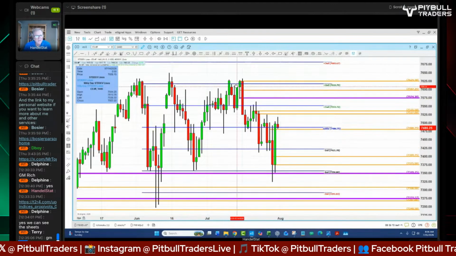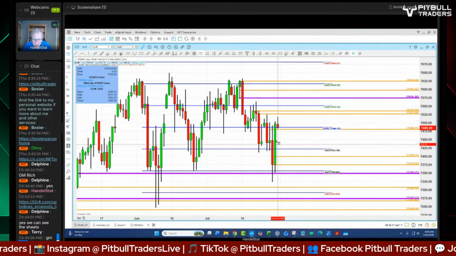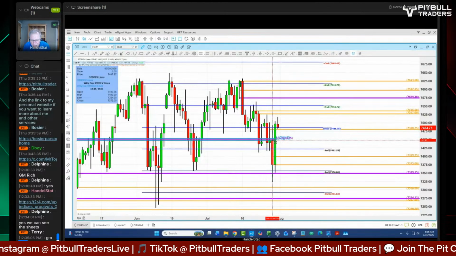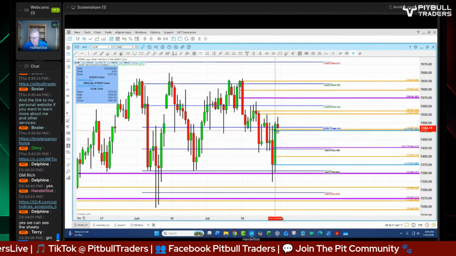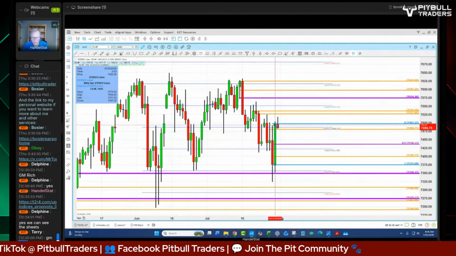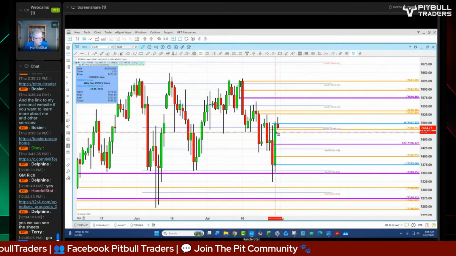And now yesterday. So this is yesterday's 24-hour candle, and I draw the midpoint of the candle.